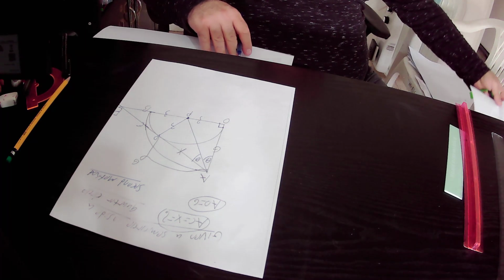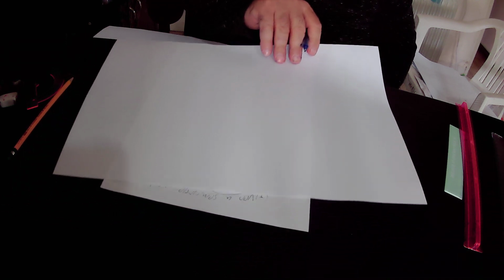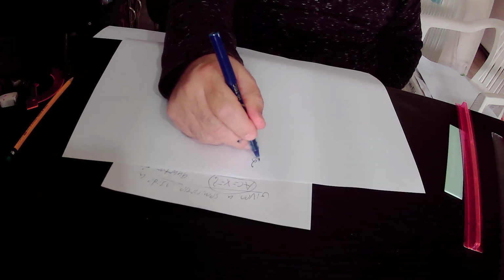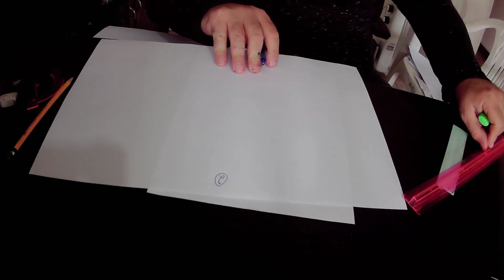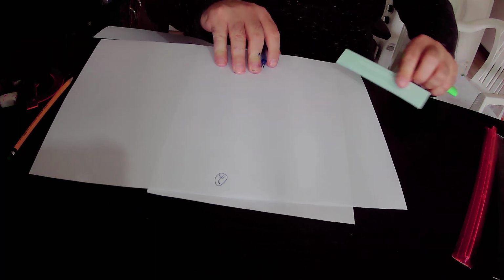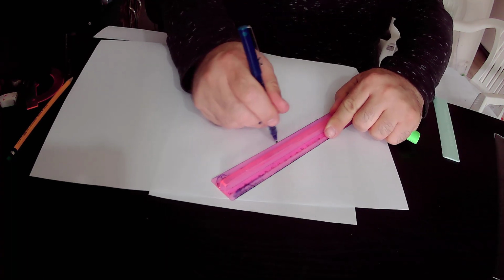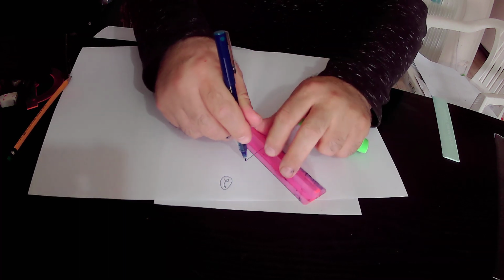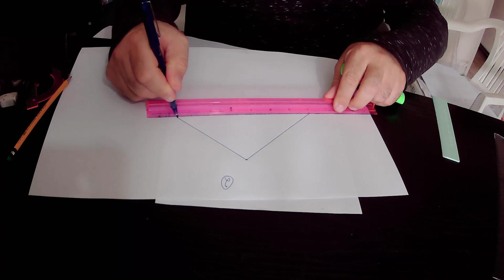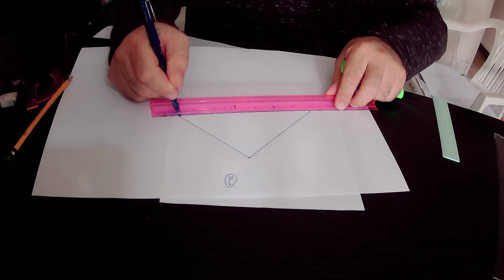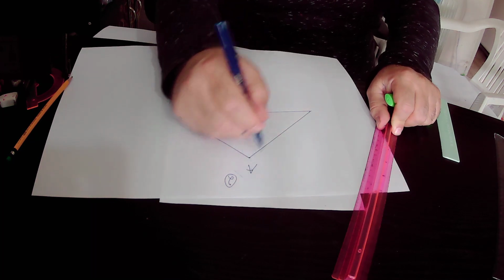So actually, if we have triangle ABC that could be any triangle, this is triangle ABC.